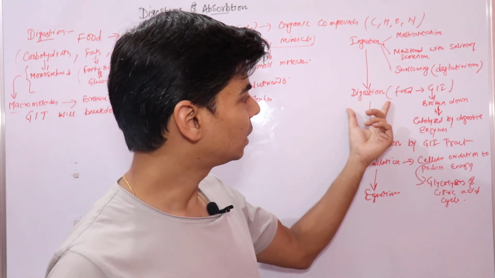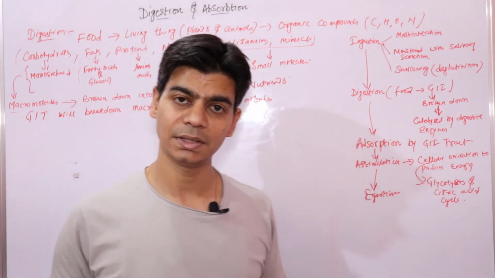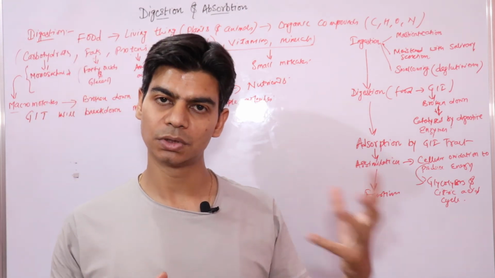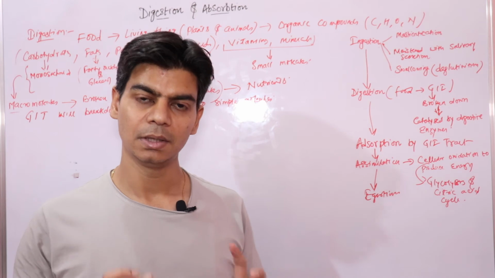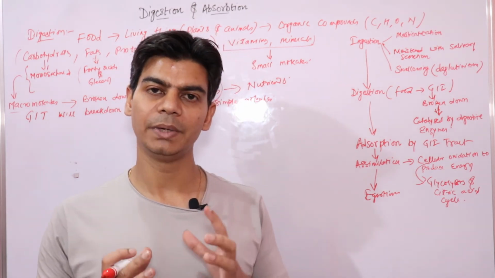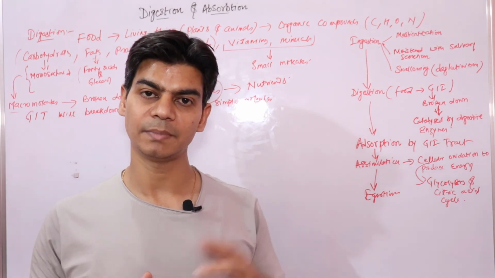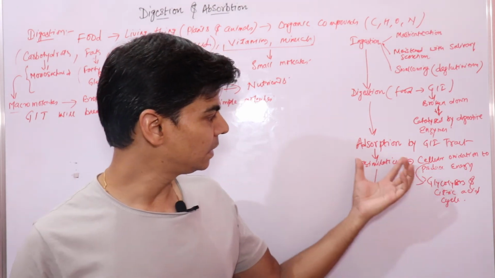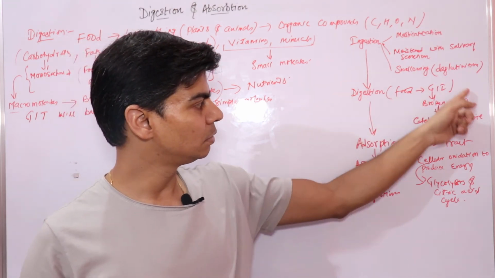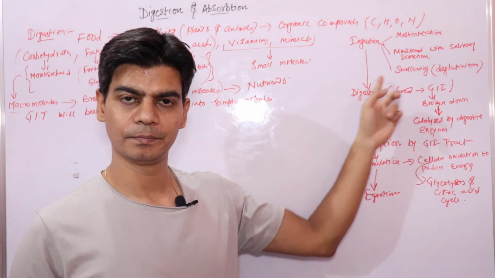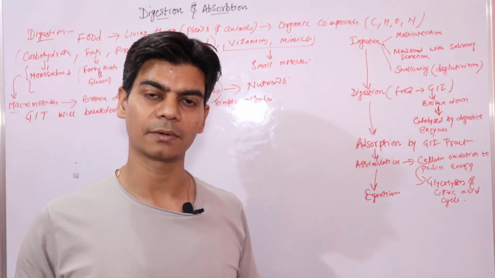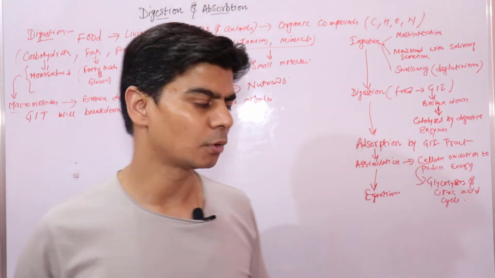Then it undergoes digestion, meaning it will come in contact with various juices secreted by our body. These juices contain digestive enzymes that will help to break down macromolecules into simple molecules. We would be looking into how this happens when food comes in contact with different body organs.